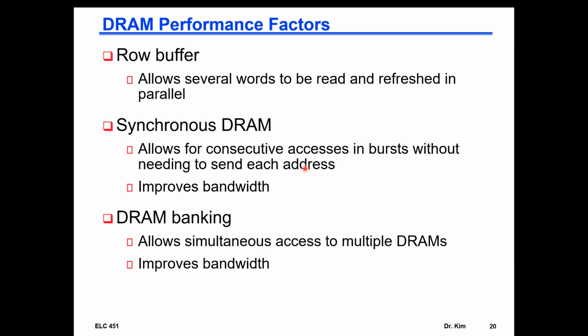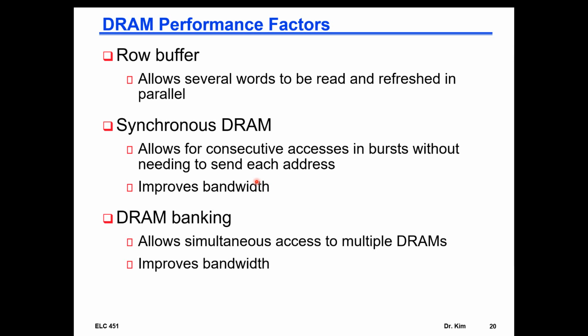So what are the performance factors of DRAMs? Well, we talked about synchronous. So if you have synchronous and do things on the edges, you can get improved bandwidth because you can burst the transfers.